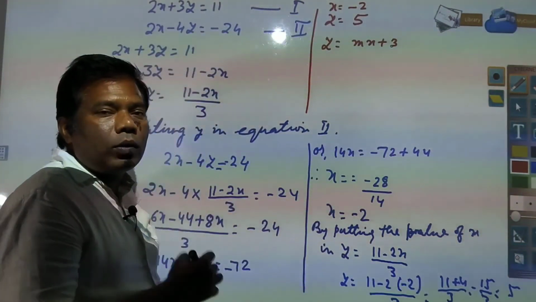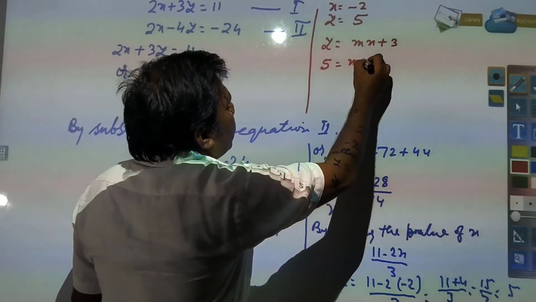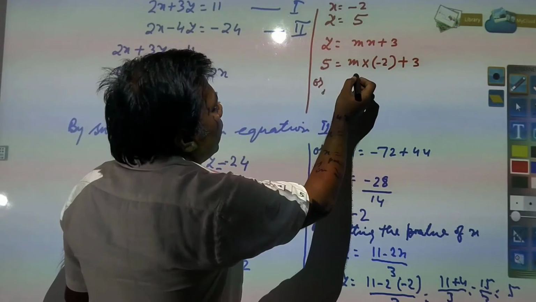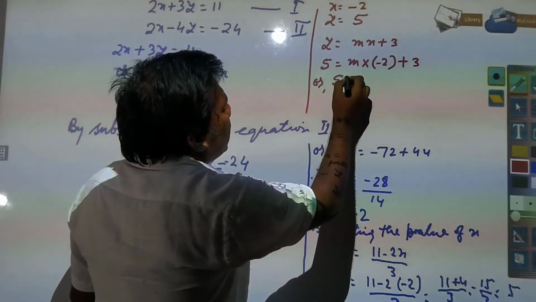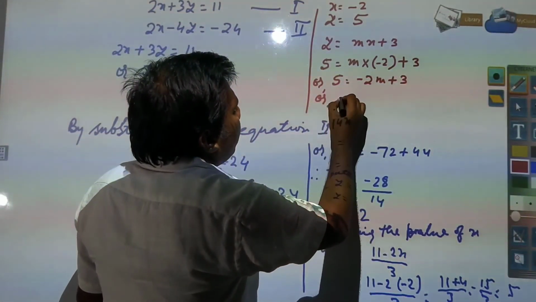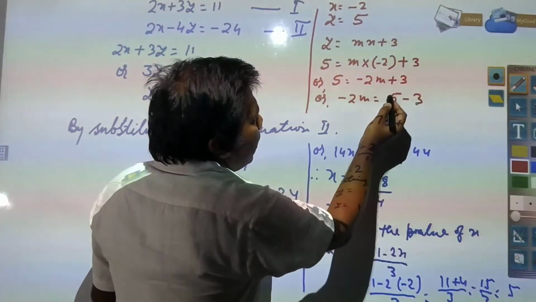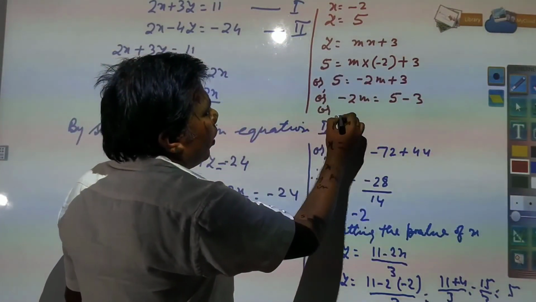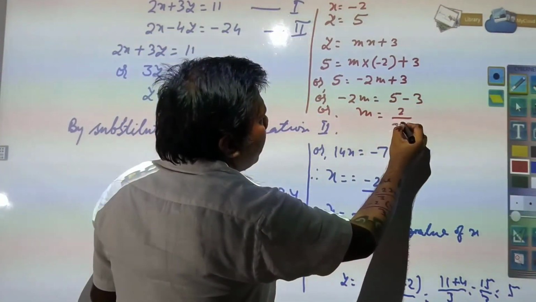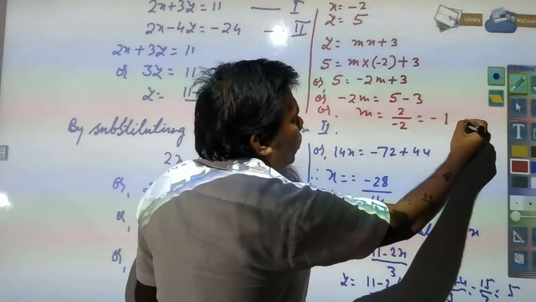Here you need to substitute the value. y is equal to 5 you have, is equal to m into minus 2 plus 3, or you can write 5 is equal to minus 2m plus 3, or minus 2m is equal to 5 minus 3. 3 will be taken this side, or m will be equal to, here you will get what? 2 divided by minus 2, and that is equal to minus 1. So finally you have got m is equal to minus 1.